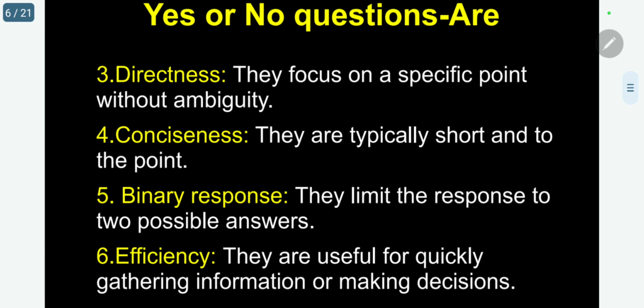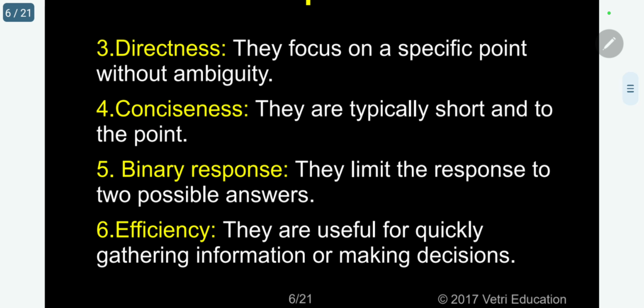Number four, conciseness. They are typically short and to the point. Number five, binary response. They limit the response to two possible answers. One is yes, another is no. And lastly, efficiency.